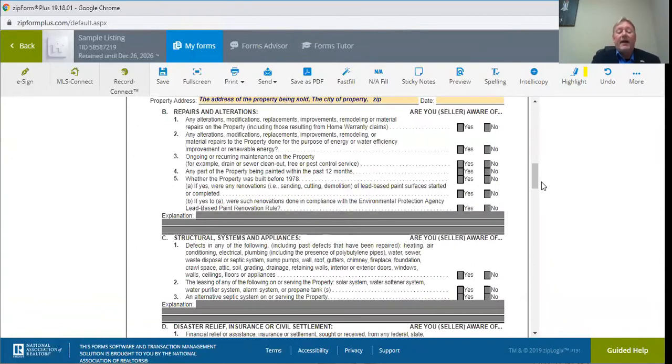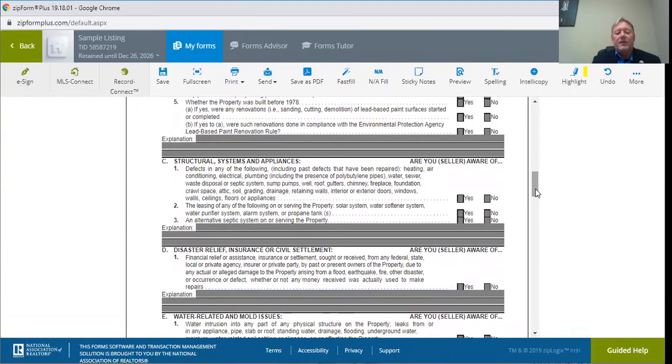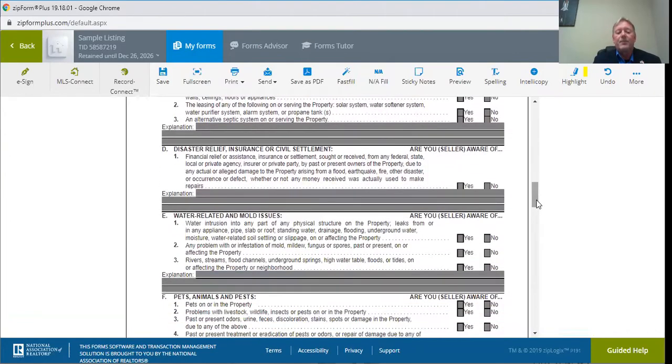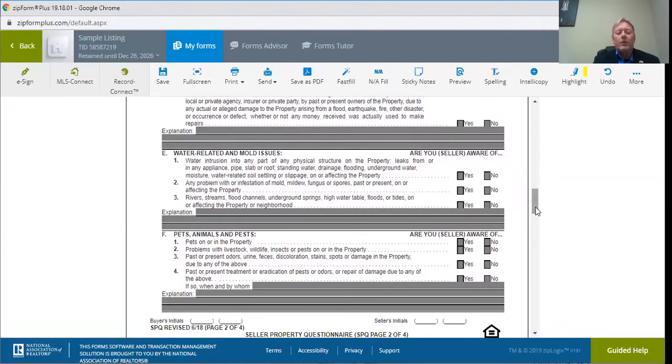And again, it's going to have continuing of any repairs and alterations in section B. Section C is going to be structural systems and appliances. Again, these are all yes or no. Disaster relief insurance or settlement claims, excuse me, with the property. Water related or mold issues.